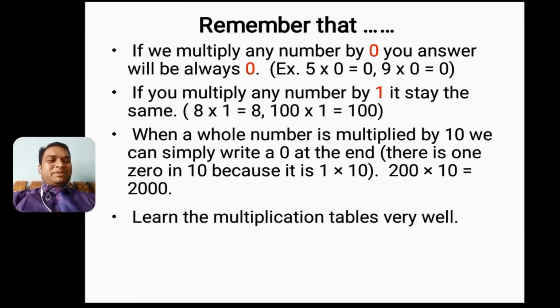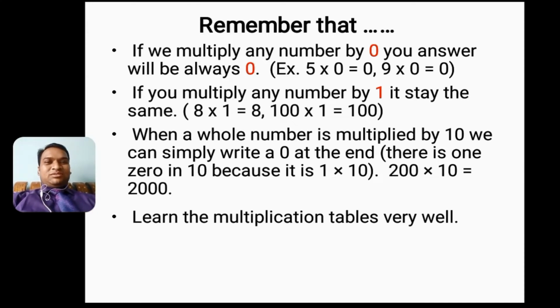And if you want to multiply 200 with 10, then you need to count first how many zeros you have. So you have 3 zeros, so you put 3 zeros, then you just multiply 2 with 1, then 2 ones are 2. It means we get 2000 here.